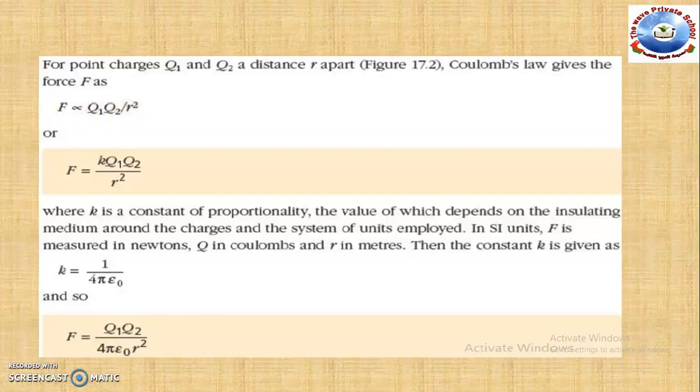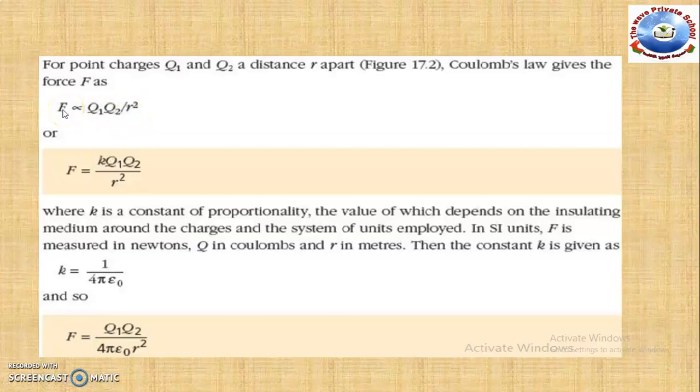So we can say that force is inversely proportional to the square, as it is r square. So force is inversely proportional to the square of the distance. r is the distance between them.